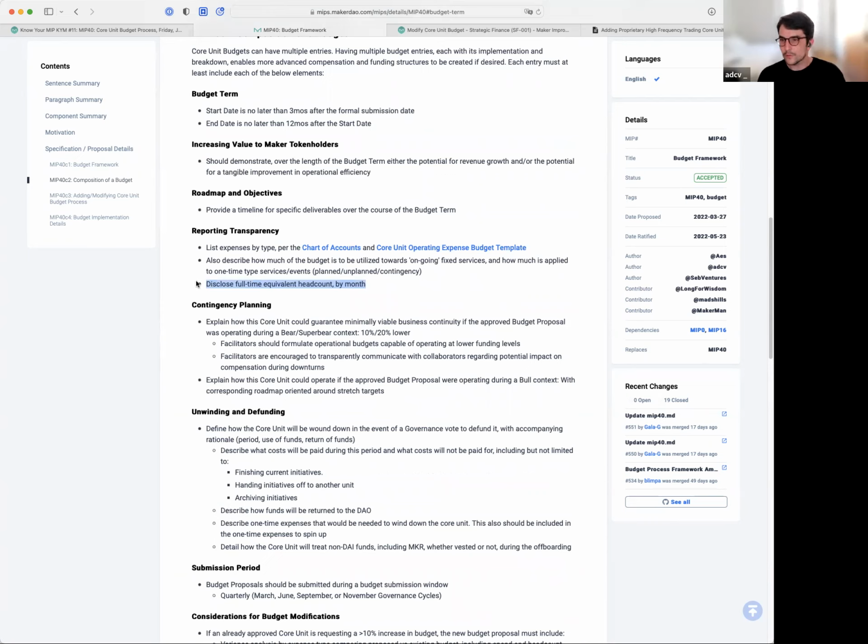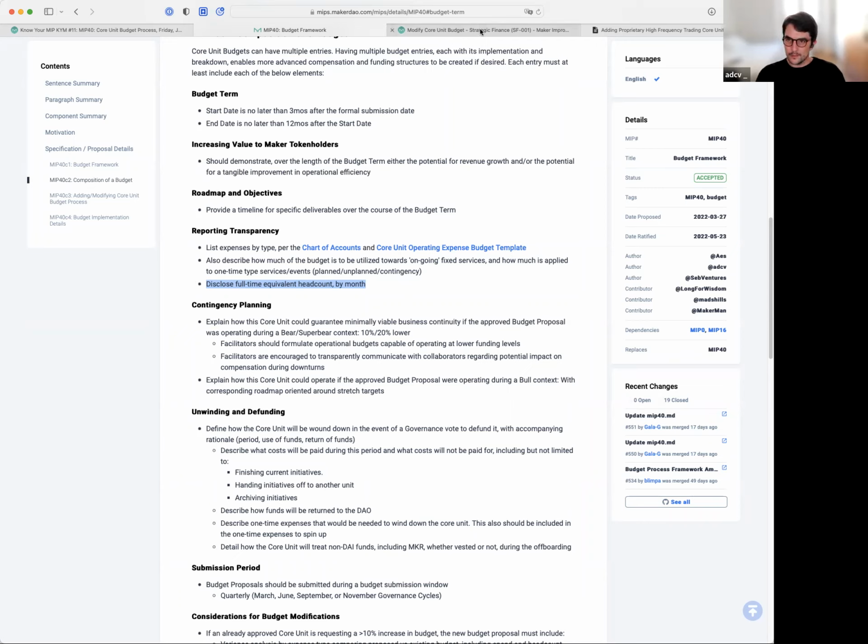I think most core unit budgets have an associated full-time equivalent headcount budget. But I think just displaying that would be helpful to see what the intended spend is, when it's intended to ramp up, what those headcounts are supposed to do. I would say that's the biggest change.